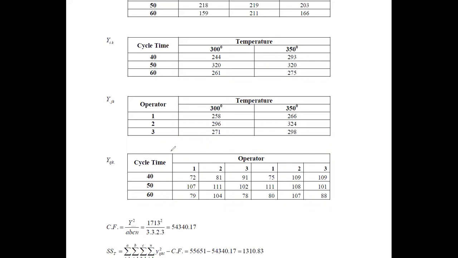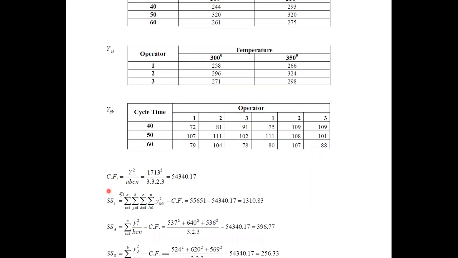Here we can see the operator number, and here we can see the set of values for temperature 300, and this set of values is for temperature 350. And in this form you can simply take the values for all these three variables. And now you have obtained the totals, and thereafter you can perform the calculation using the equations.